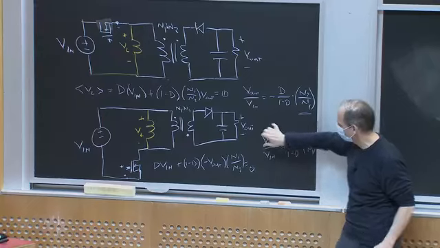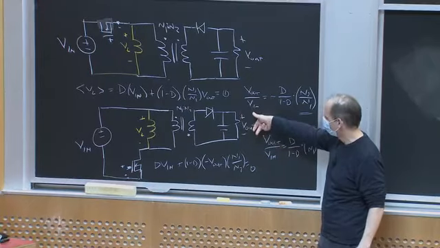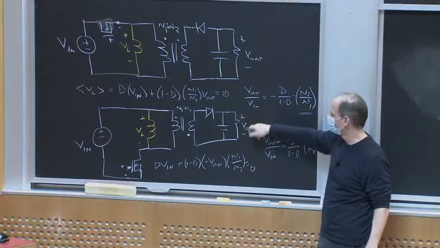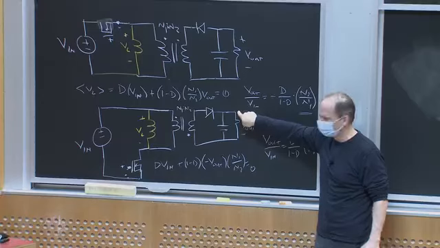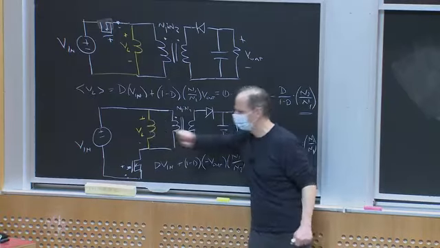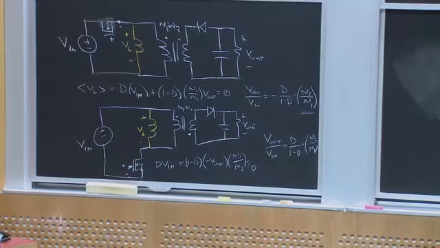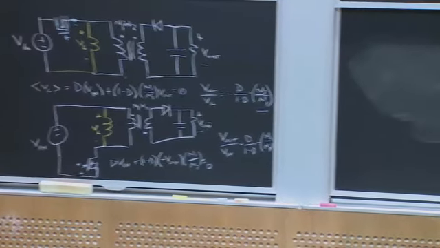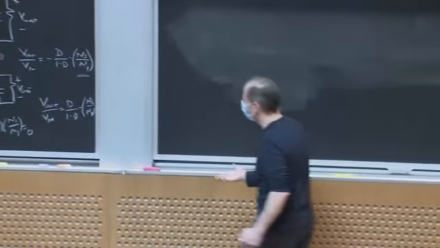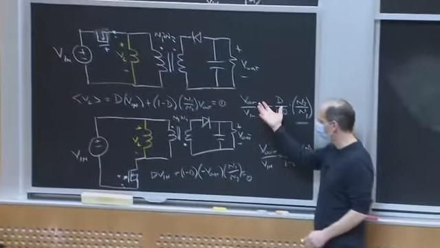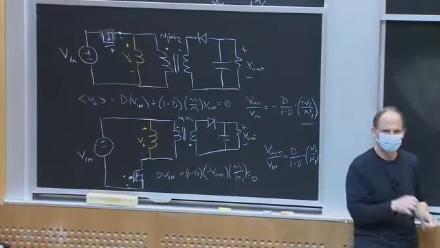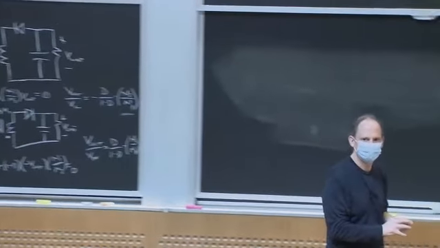Nobody ever said I had to define V out this way. I could define a new V out inverted from that and tie my output reference here. I can reference the output and the input of this circuit to different potentials and reference it any way I want because it's an isolated converter, and I'm good. Okay, so I can get positive outputs, I can get negative outputs any way I want to do it. Any questions about that?